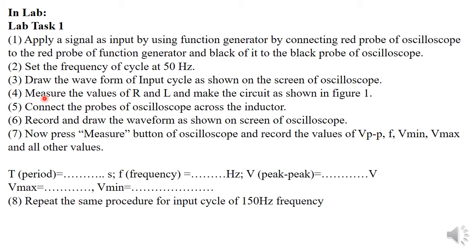Step 4, measure the values of R and L and make the circuit as shown in figure 1. Connect the probes of the oscilloscope across the inductor, record and draw the waveform. Now press the measure button of the oscilloscope and record the values of V peak to peak, frequency, V minimum, maximum, and all these values. Now repeat the same procedure for the input cycle of 150 Hz frequency.